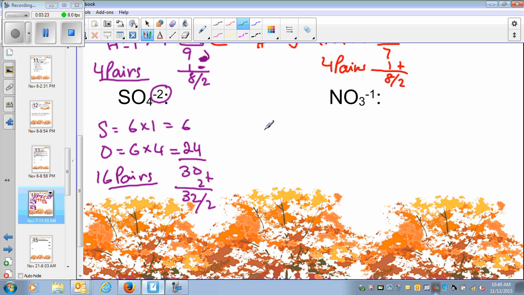Sulfur goes in the center because sulfur is only 1, and I use 4 pairs for the 4 oxygens, bonded with sulfur. Now sulfur already has 2, 4, 6, and 8 valence electrons around it, so I cannot add any more to the sulfur because 8 is the maximum. I used 4 pairs, so I'm left with 12 pairs.